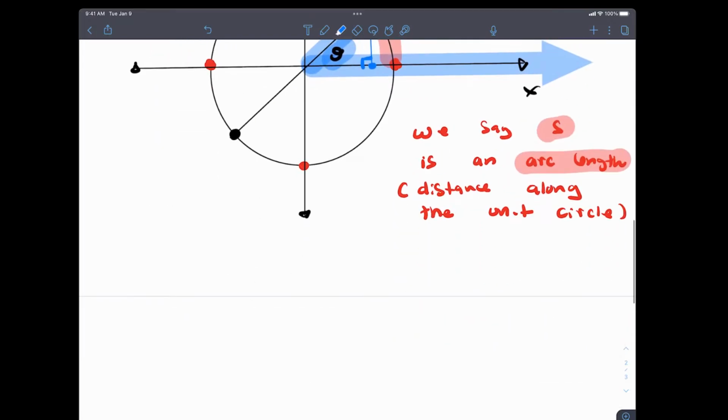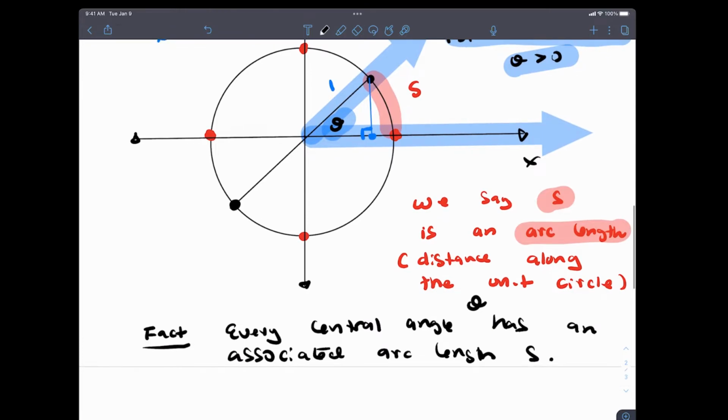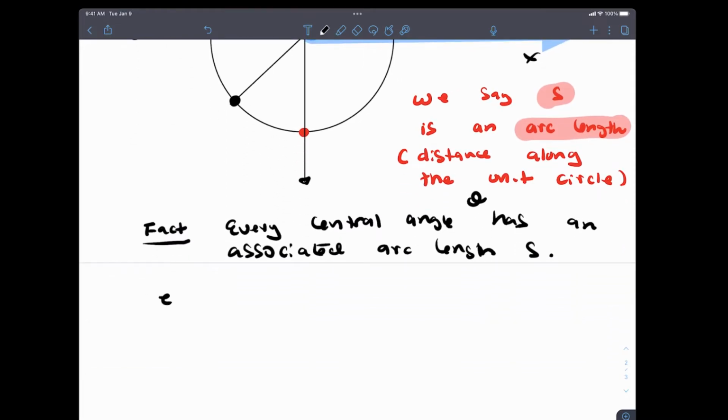Here's our fact: every central angle theta has an associated arc length called S. If you say, I don't believe you, then let's do an example.